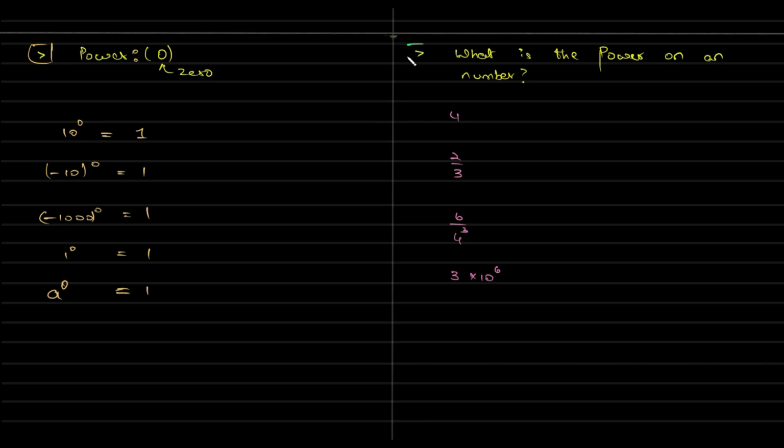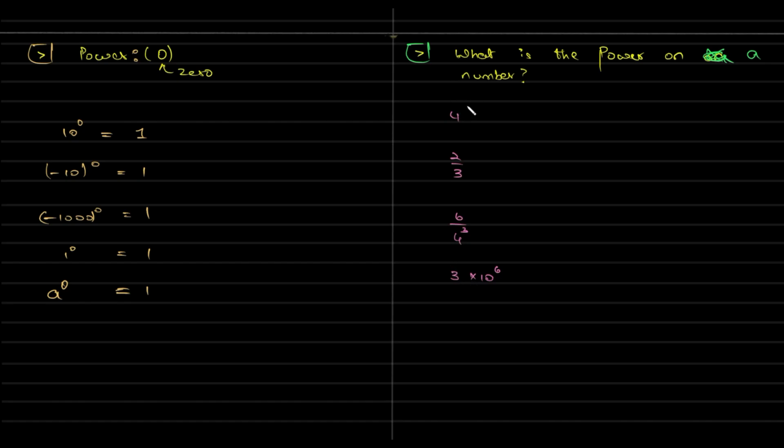Next topic, what is the power on a number? Okay, on a number, that is, if I have 4 or 2 by 3, 6 over here, 3 over here, do they have any power?